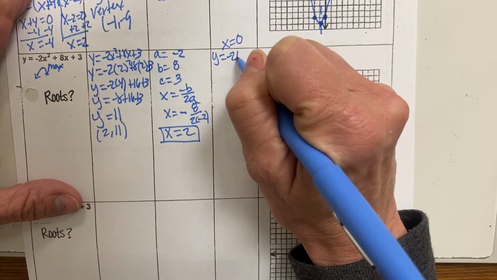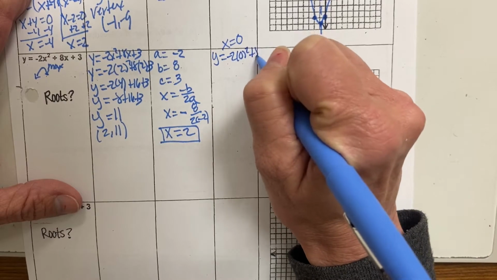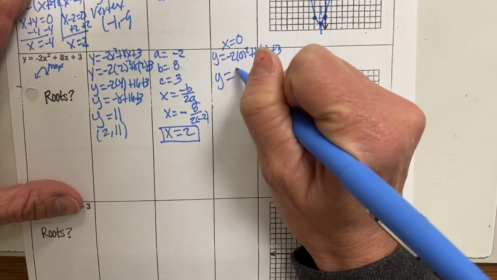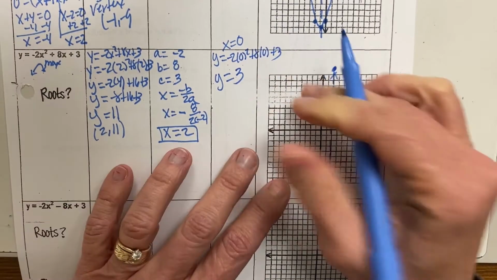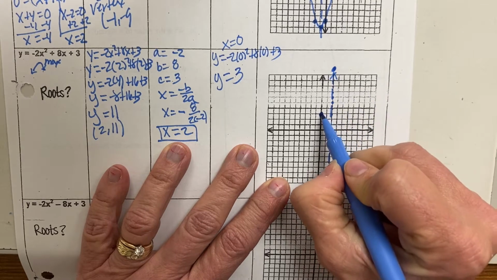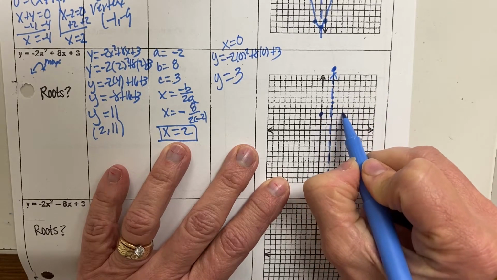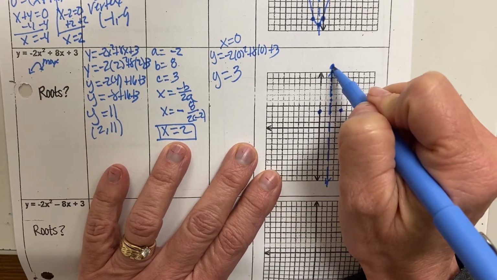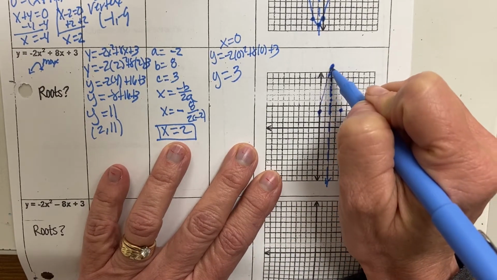And so we'll have -2 times 0 squared plus 8 times 0 plus 3. And so our y is equal to 3, a positive 3. So 1, 2, 3. So I'm 2 units to the left, and then I'll have another 2 units over here. So I can already tell that this is going to be a smooth curve coming down like this.